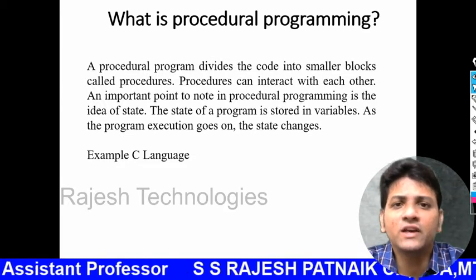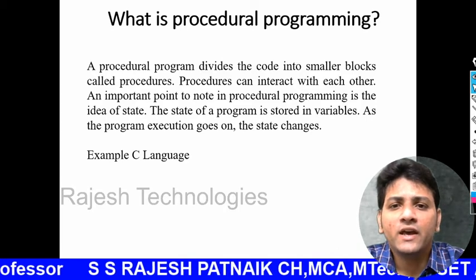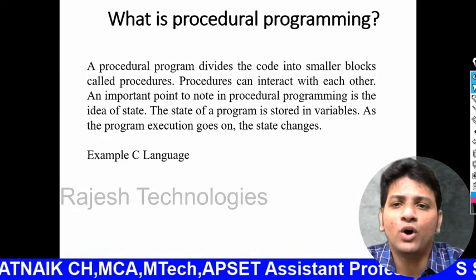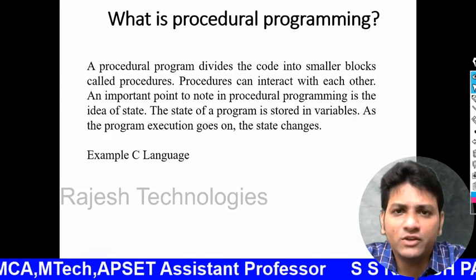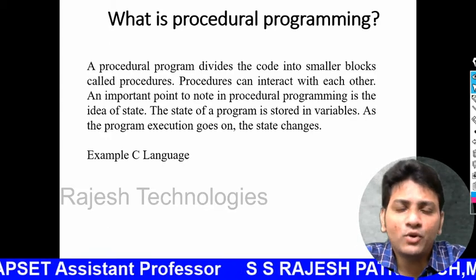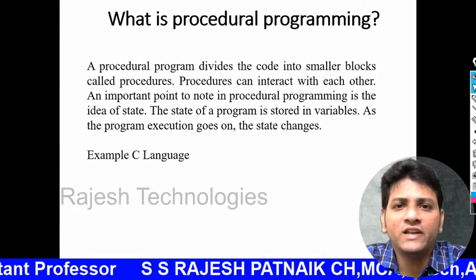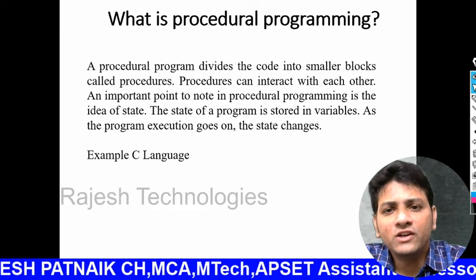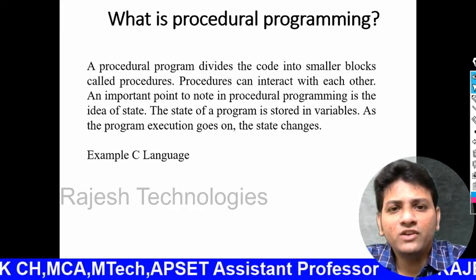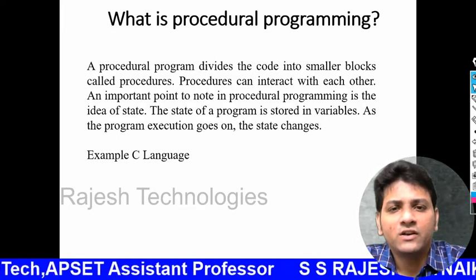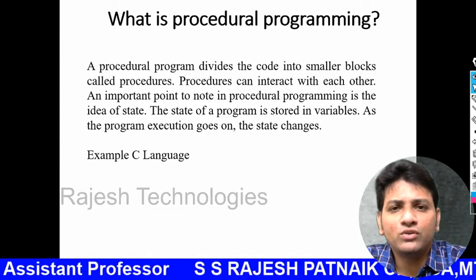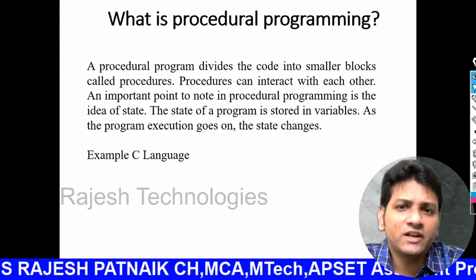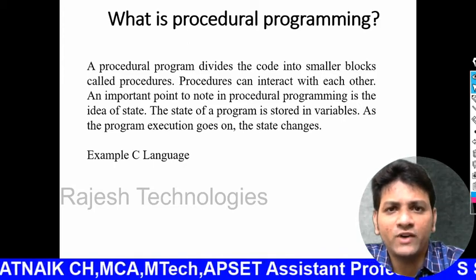For example, a procedural program divides the code into smaller blocks called procedures. A procedure is nothing but a function. In C language, we develop different types of applications using functions only. Procedures can interact with each other. An important point to note regarding procedural programming is the idea of state, that means the state of a function.